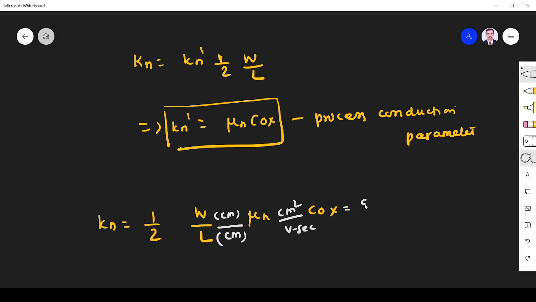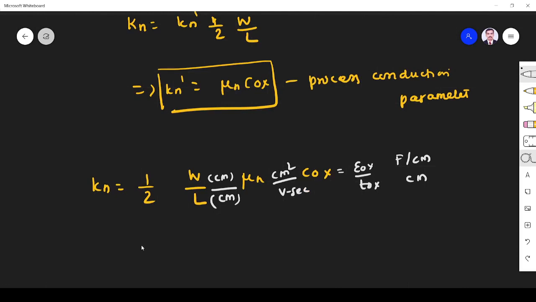COX can be written as EOX by TOX, where EOX is in farad per centimeter and TOX, the thickness, is in centimeter. If you cancel all the centimeters, what we get is farad per volt second.